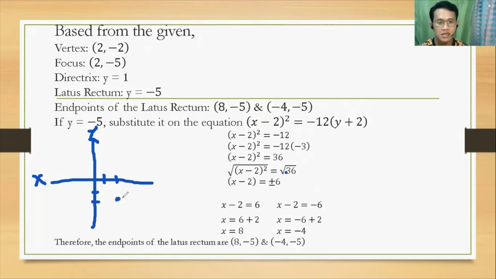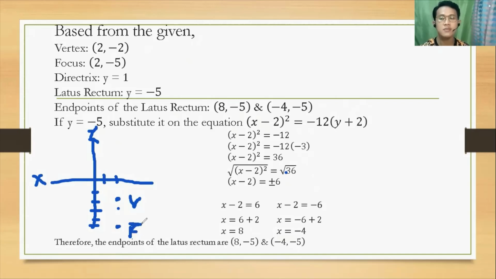This is our vertex. And then for the focus, we need to stay at 2. And how did we get negative 5? Since we already know that it's opening downward, you just add 3 units from your negative 2. So this one, 1, 2, 3. So this will be our focus.